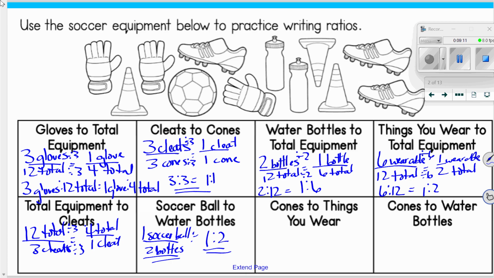Cones to the things you wear. 3 to 6, which equals, divided by 3, gives me 1 cone and 2 wearables. Back down to 1 to 2.